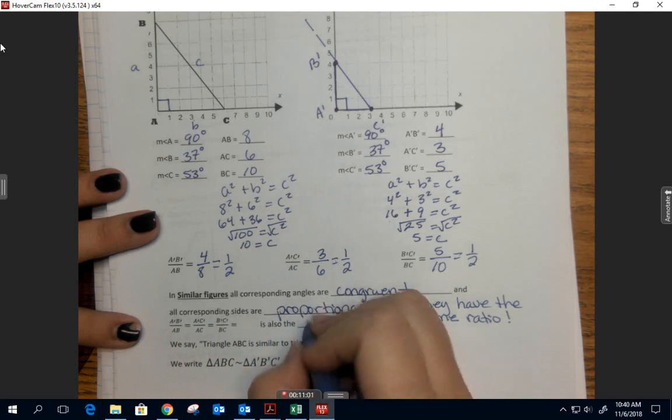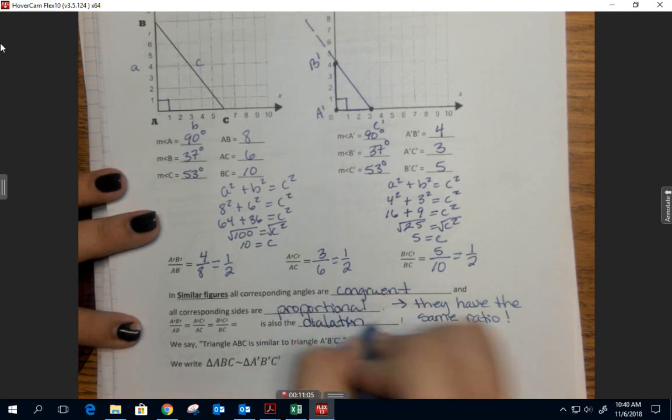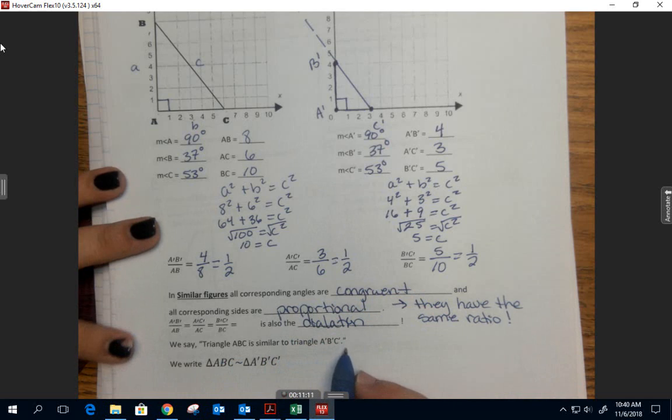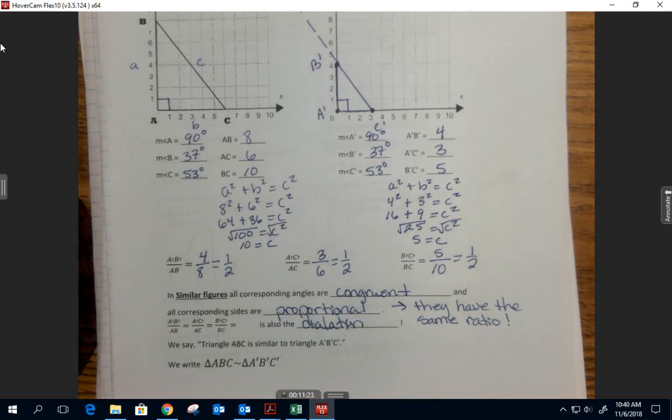This is also the dilation. We say triangle ABC is similar to triangle A prime, B prime, C prime. This is how you would write it. And that is it. Now you're going to practice.